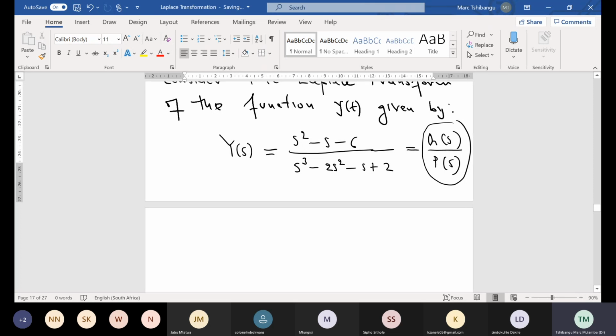To do that, we need to factorize the denominator. And one of the ways to factorize is by finding the roots of P(s), which is s cubed minus 2s squared minus s plus 2.